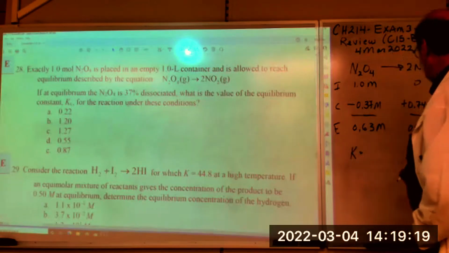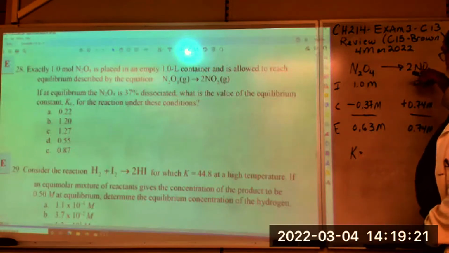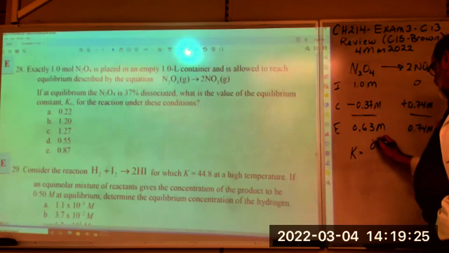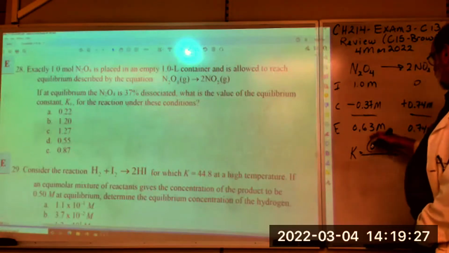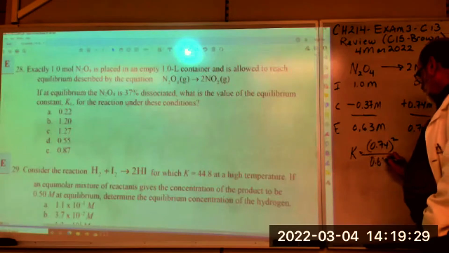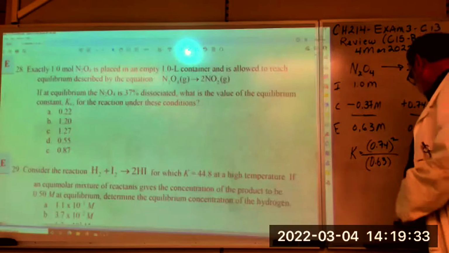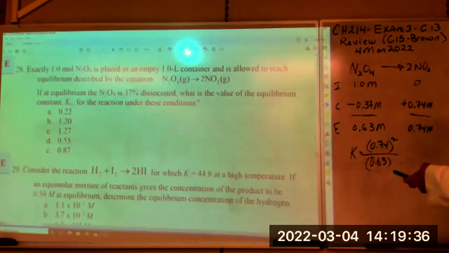K is equal to, I'm not going to write these out, I'm just going to say this one squared, 0.74 squared, divided by this one to the first power, right? Because of that one. So let's say 0.74 squared, and then 0.63 divide.